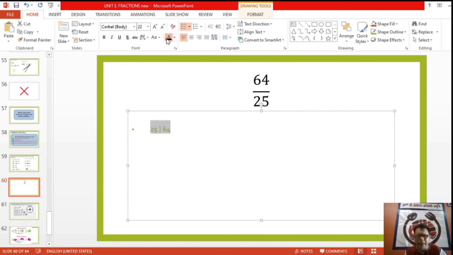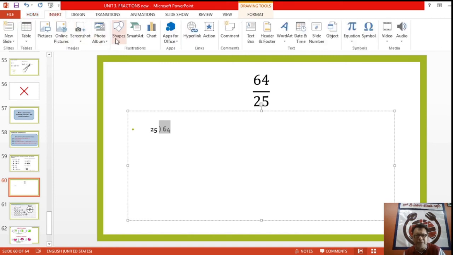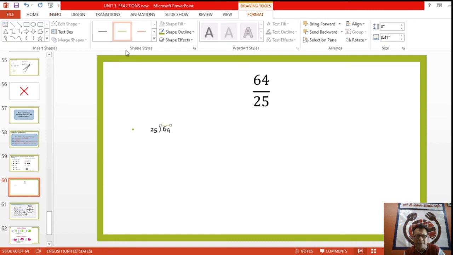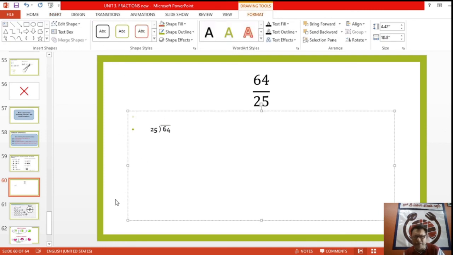It needs to be black. It's difficult because I'm using just a computer here. Hold on, because I don't have any other. Okay, here we go. So 64 divided by 25.